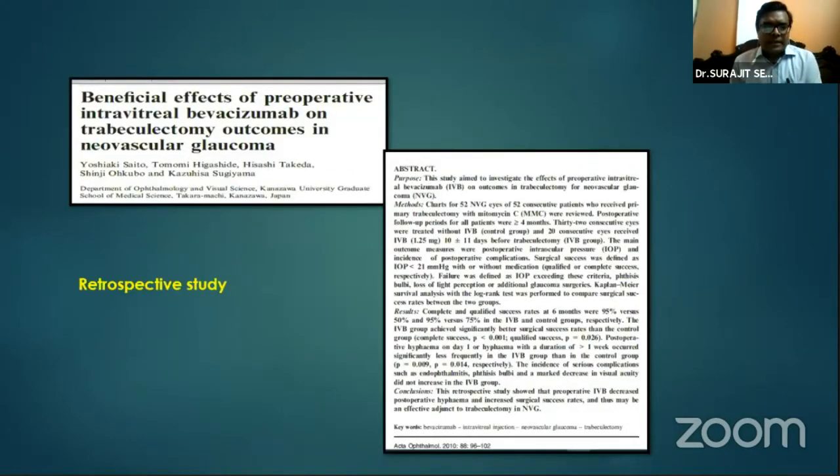Another retrospective study shows the beneficial effect of intravitreal bevacizumab. It has shown that it definitely increases the success rate of trabeculectomy in NVG, and also reduces the chances of postoperative hyphema.